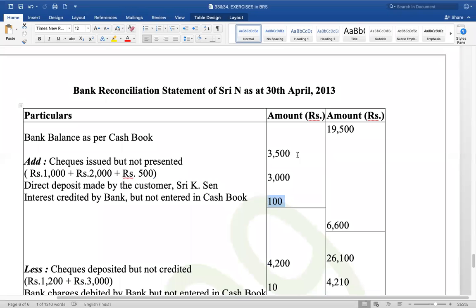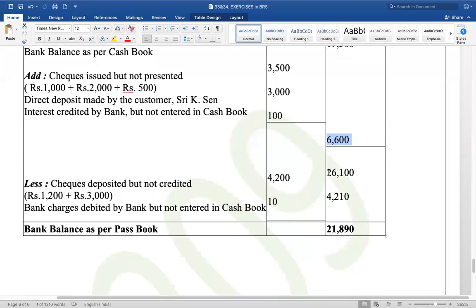So take the total: 3,500, 3,000 and 100, okay, 6,600. Add this to 19,500, you will get 26,100.